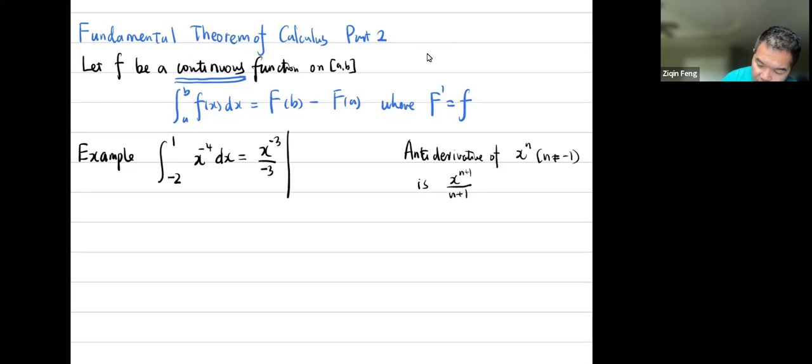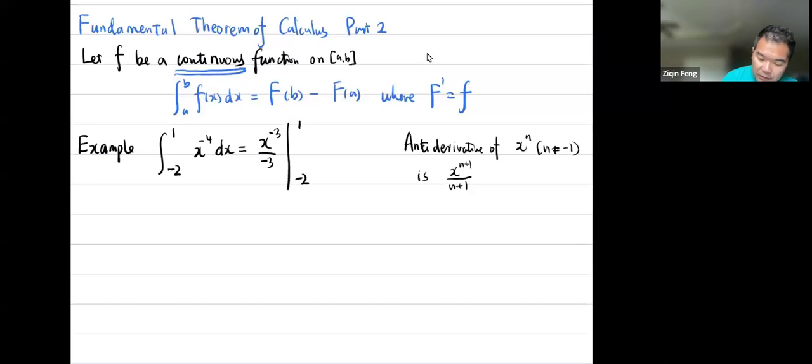Then plugging in 1 and -2. This is a notation representing that you have a function, then you plug the upper bound into the function minus the lower bound into the function. So this is equal to 1 to the -3 over -3 minus (-2) to the -3 over -3. What's wrong here?